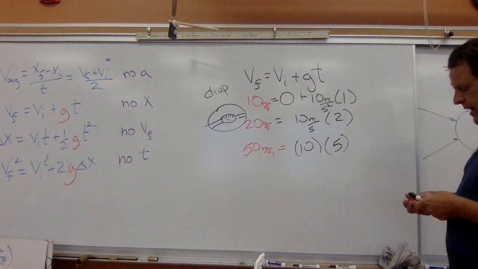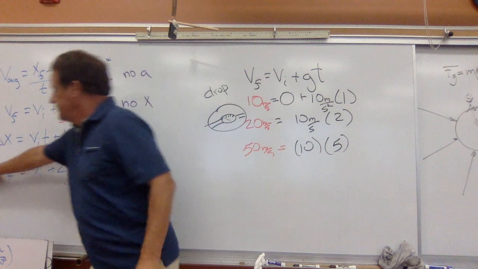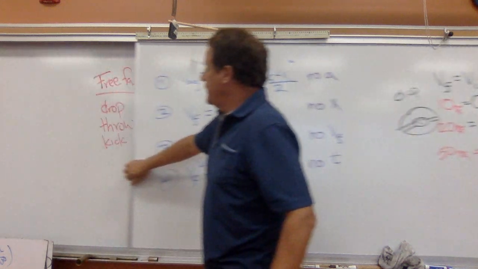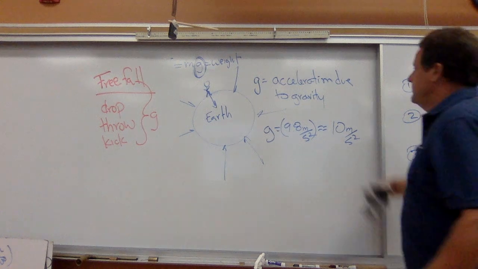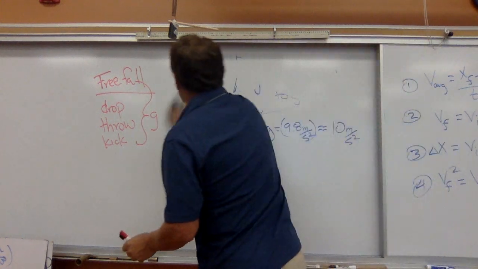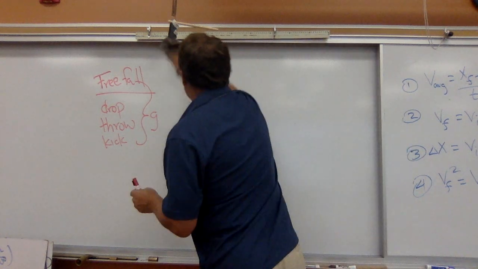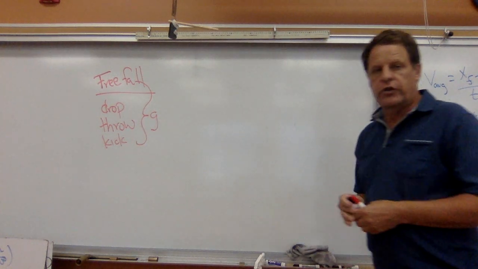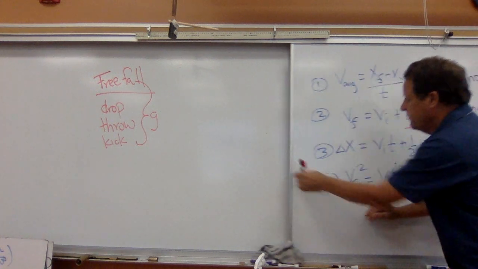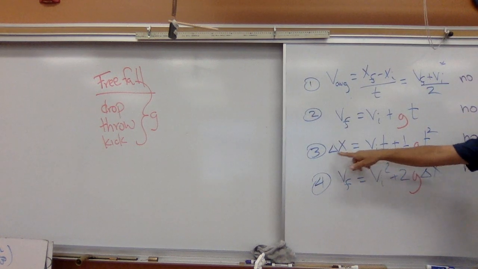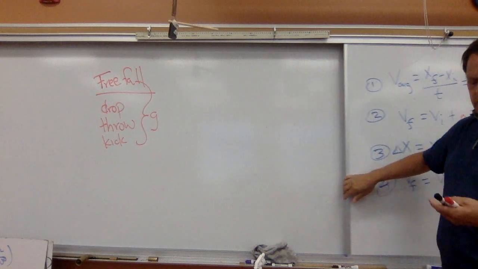All right, now what is going to be a little bit different, and we haven't had a lot of these problems yet, is how far does it go? And equation number 3 is telling us what our displacement is.